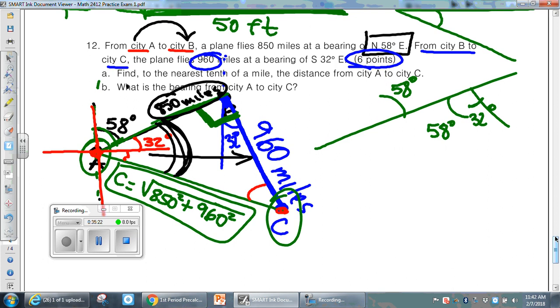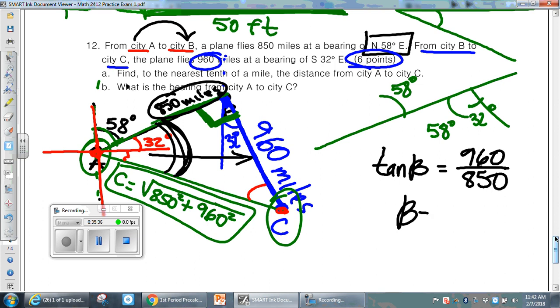So tangent of that angle, we don't know, let's call it beta, is gonna be the opposite, 960, over adjacent, which is 850. We could do a tangent inverse of that. Can someone do that, please, with a calculator? In degrees?